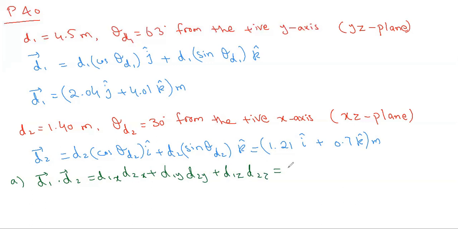There is no ith component in the vector d1, and there is no jth component in this vector, so you just have to multiply 4.01 with 0.7.